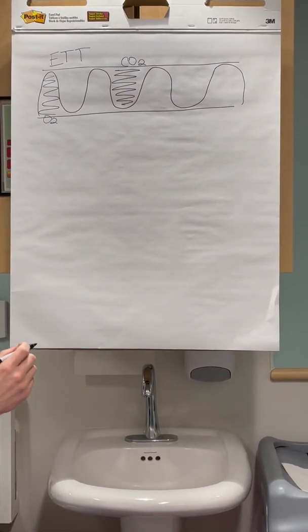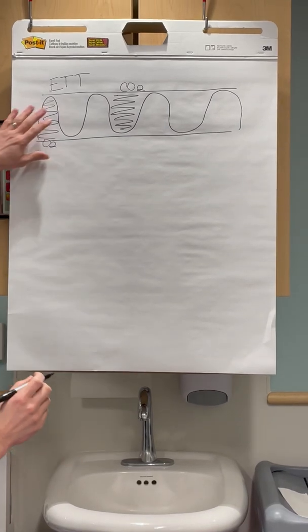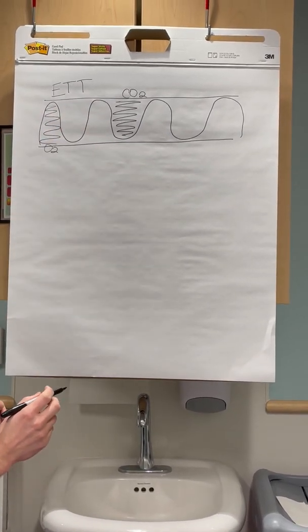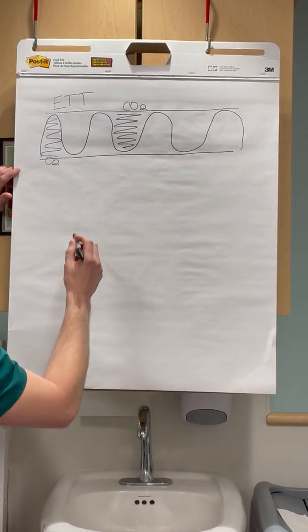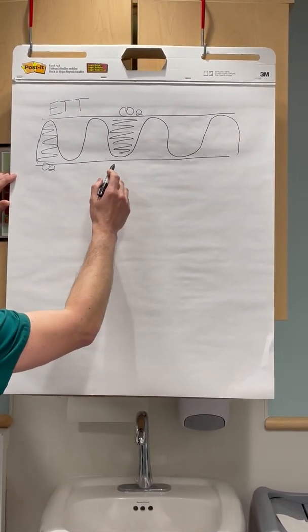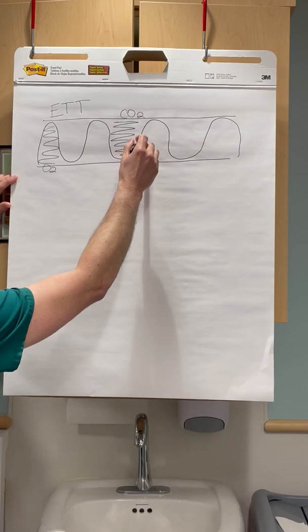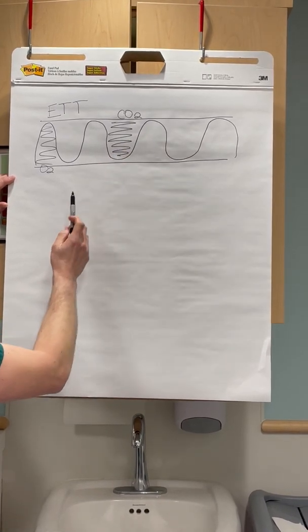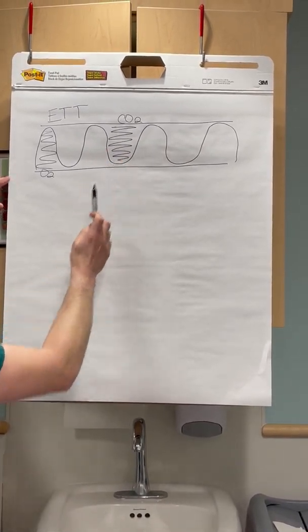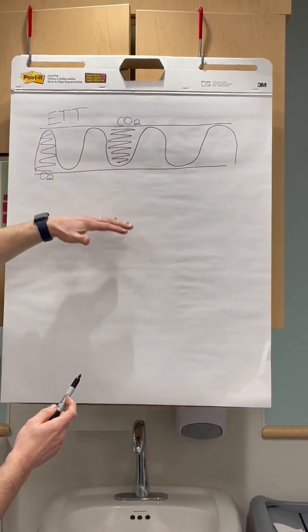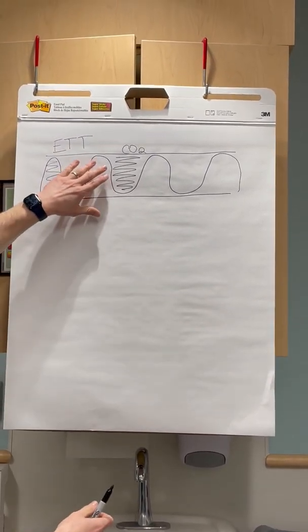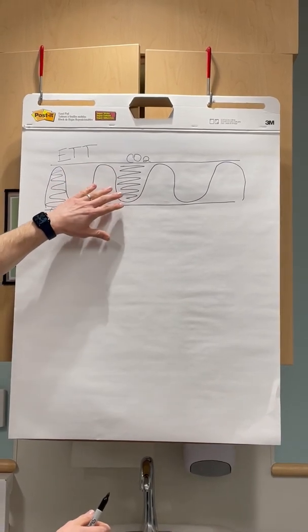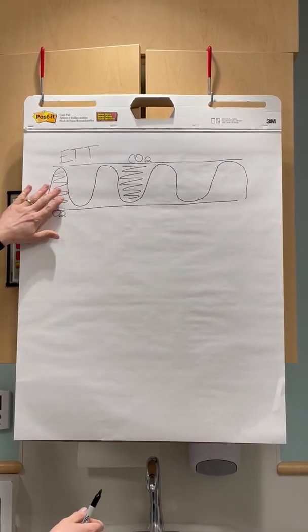So how you manipulate this wave is how you manipulate CO2 and oxygenation. Anytime that you increase this wave, making it taller or wider, you're either going to capture more CO2 or deliver more oxygen.